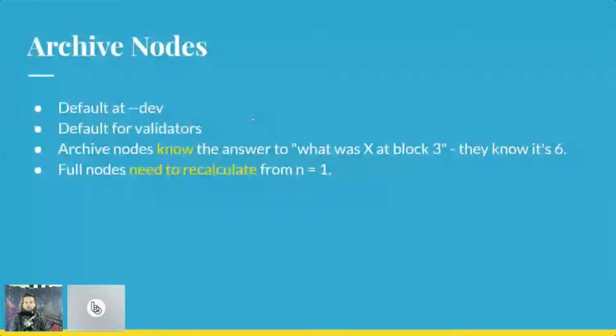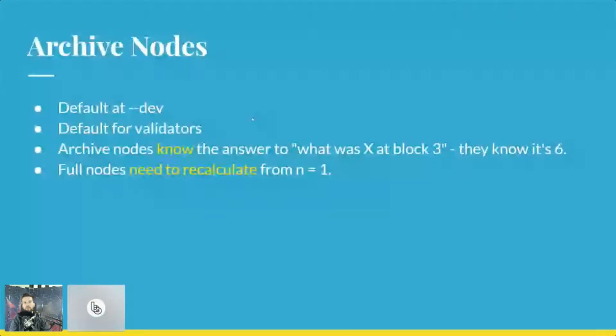So any node that produces blocks is a validator. And for validators, archive node is default because they need all the past data to be able to keep in sync with everything. There is some research underway and some proofs of concept where these validator nodes can work with less than the archive node, but it's a little risky in cases where finality stalls. I won't go into the details of that.